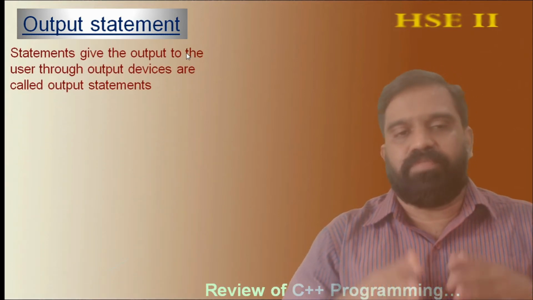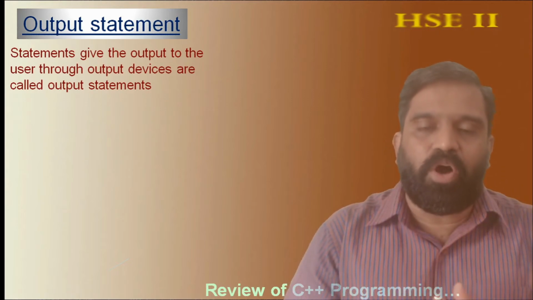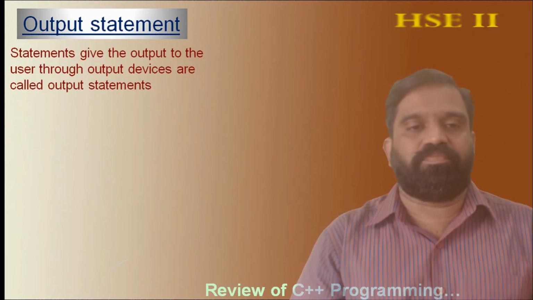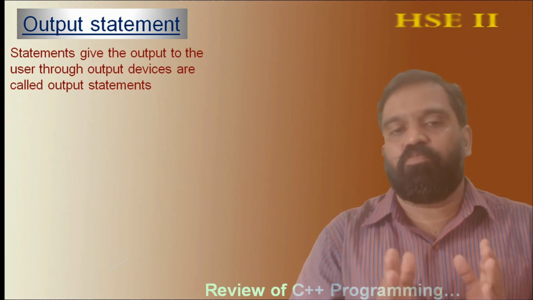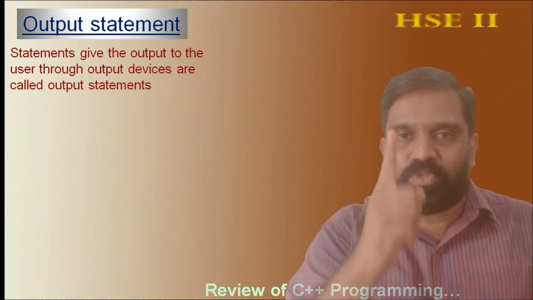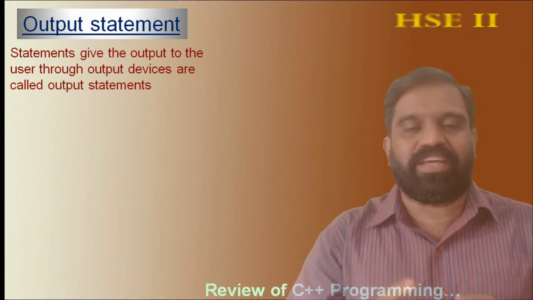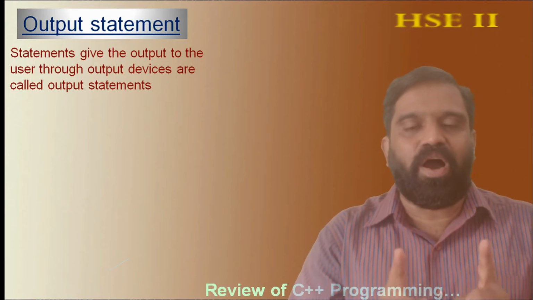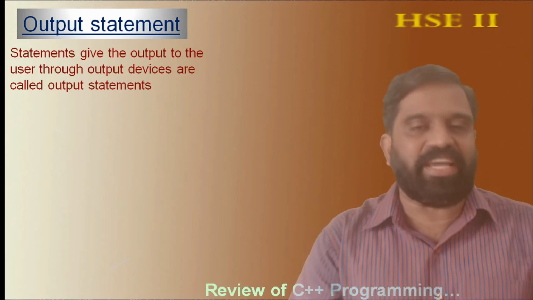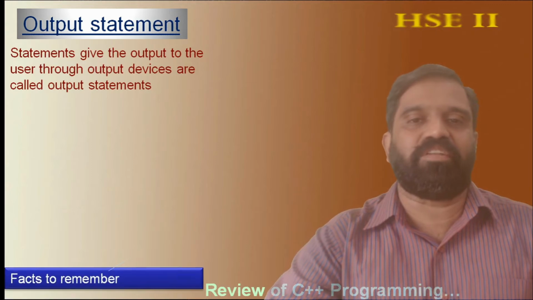Statements that give the output to the user through output devices are called output statements. How can we see the result? Through the output devices, for example, through the monitor. To show the output through the monitor to the user, we have to write a statement in the C++ program. That is nothing but an output statement.